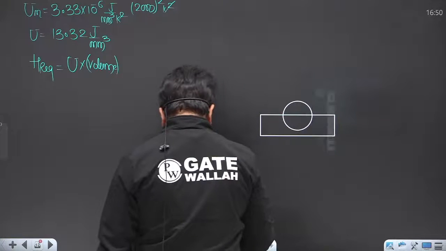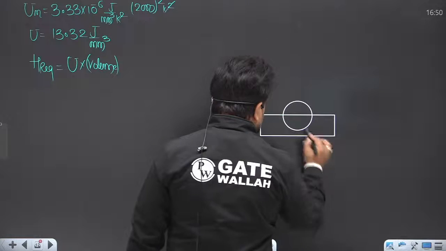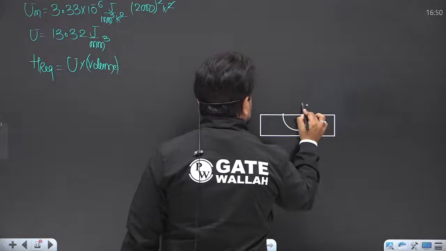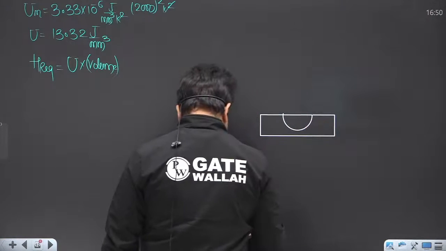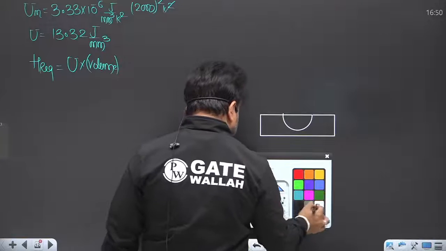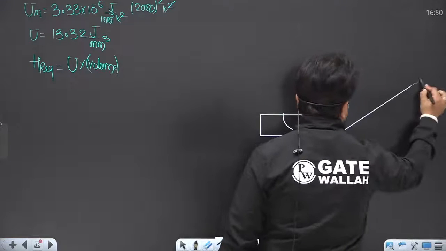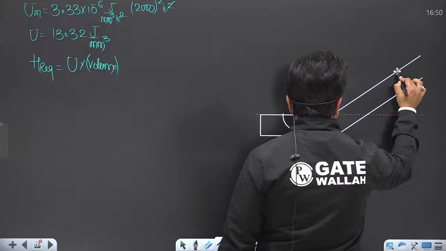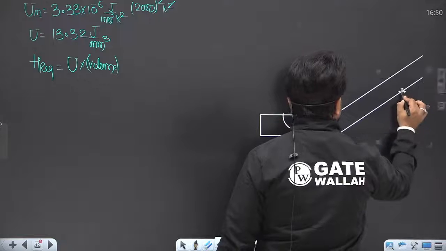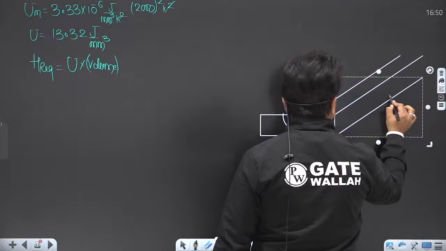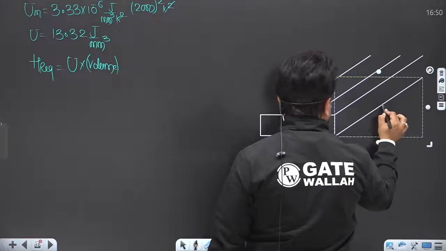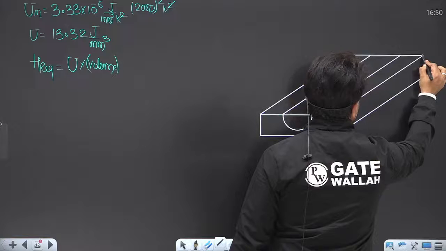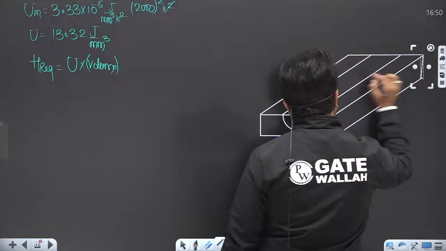Finally, he is saying that the weld pool is semicircular. See, here the length is given, my dear.